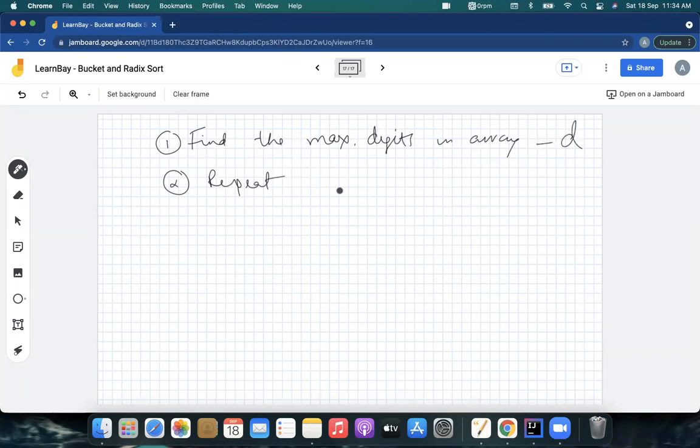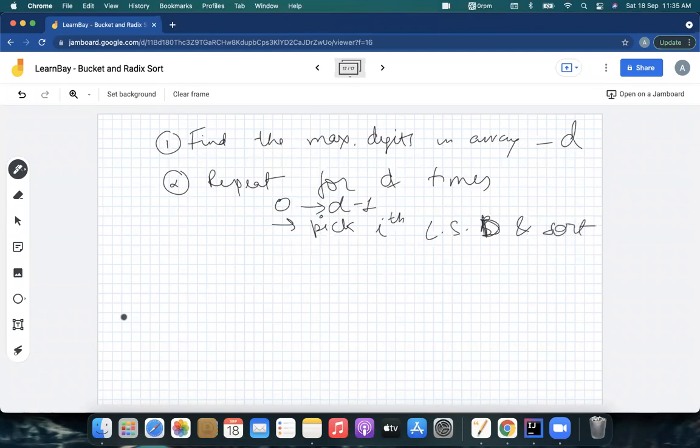Let's say this is D, repeat for D times, and each time pick the least significant digit, then second least, third least, fourth least, till D times. So let's say we iterate from 0 to D minus 1, pick the ith least significant digit and sort, and that's it. You will have your answer.